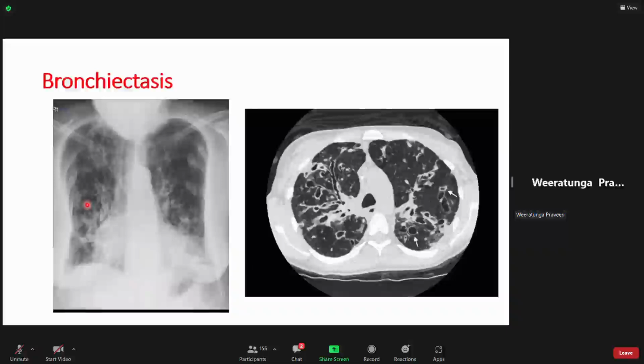The gold standard of diagnosis is CT scan. You obviously do a sputum culture when there's infection, but it doesn't have much of a bearing on the diagnosis.